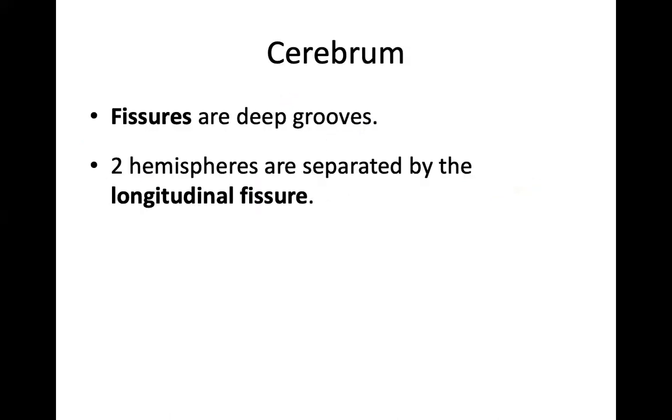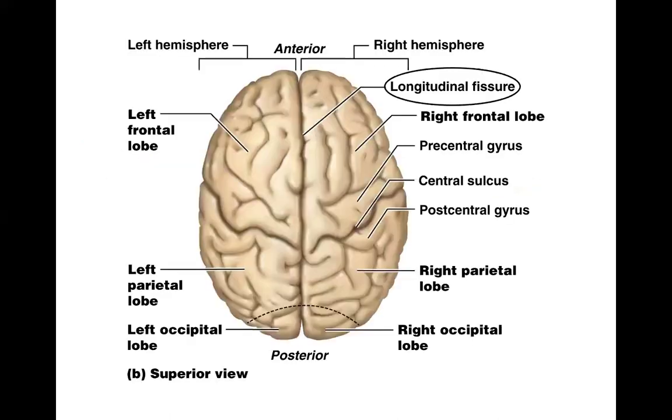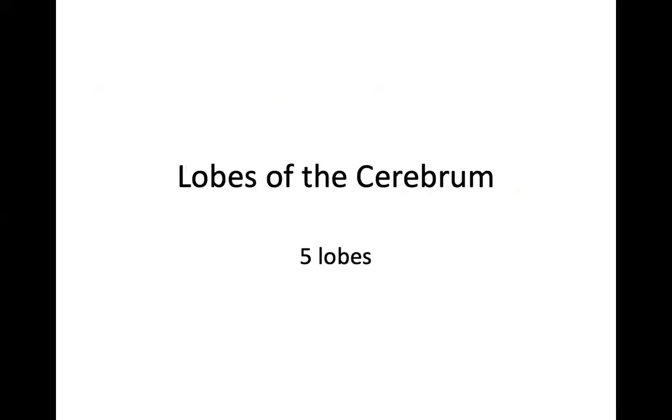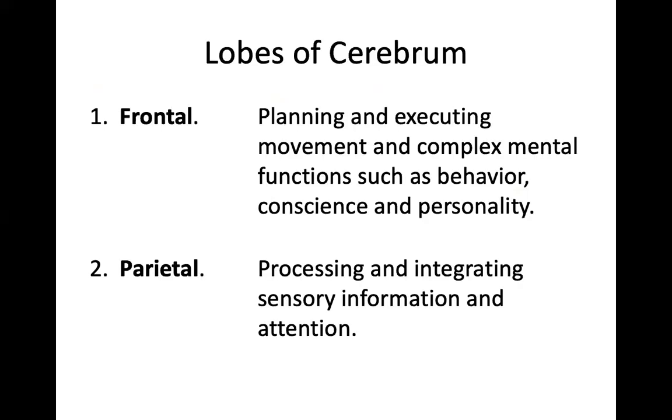Okay. Now, after this part, let's talk about those 5 lobes. Front part of the brain is the frontal brain, and we know the bone is also called frontal bone. Planning, executing movement, complex mental function such as behavior, conscience, personality, all these functions are related to cerebrum, the frontal part.